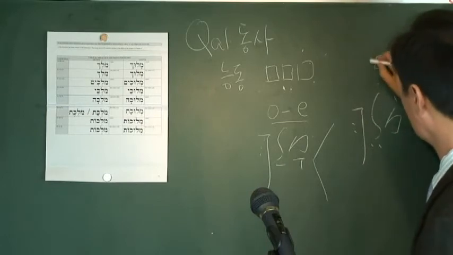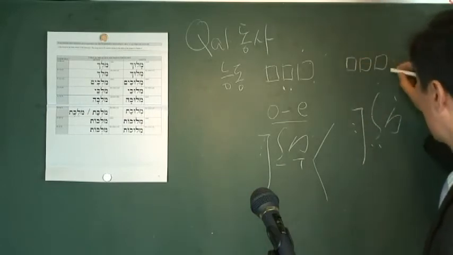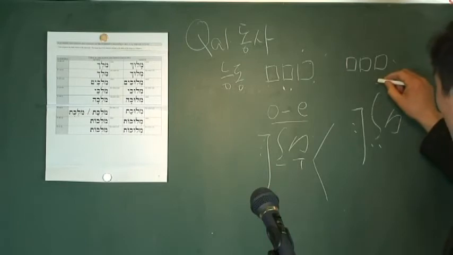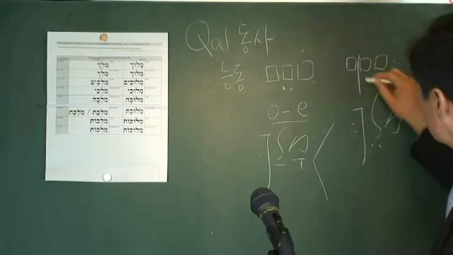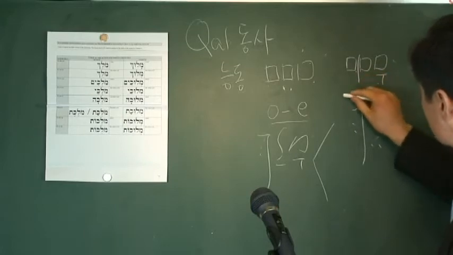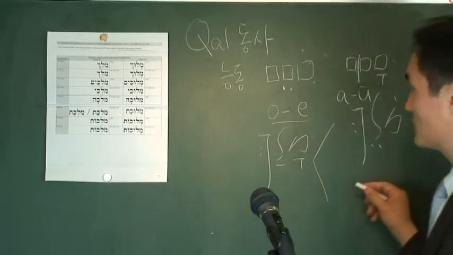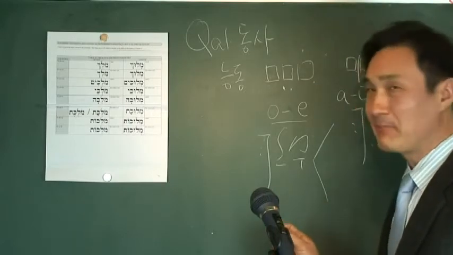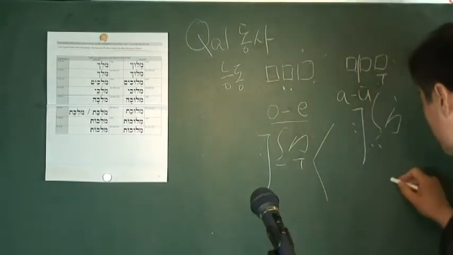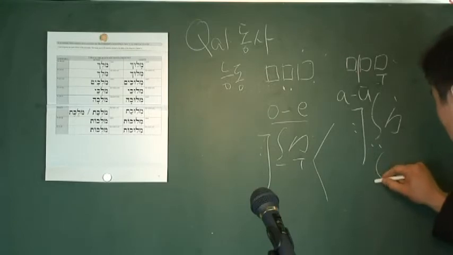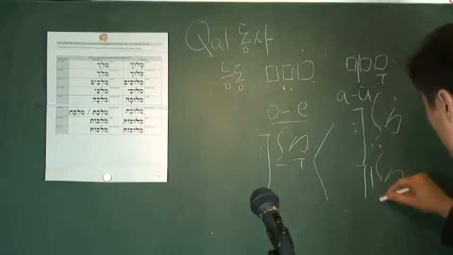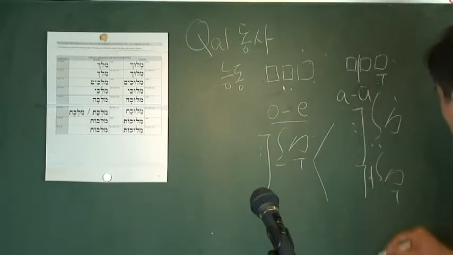Next, the passive participle has a and u as the model. The passive participle of the kal verb would then be maluk.